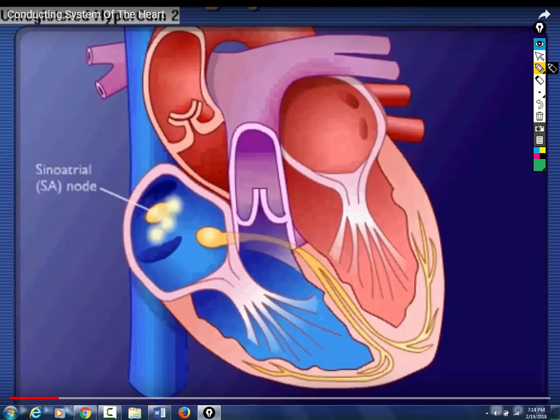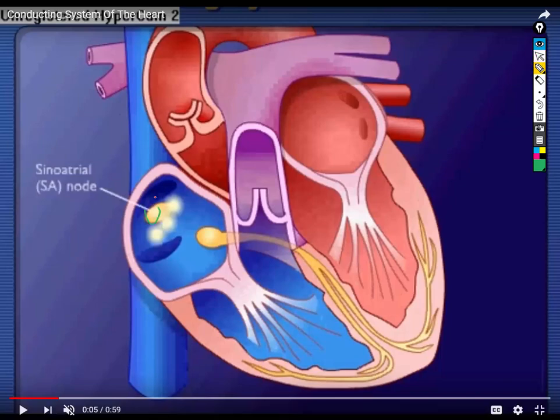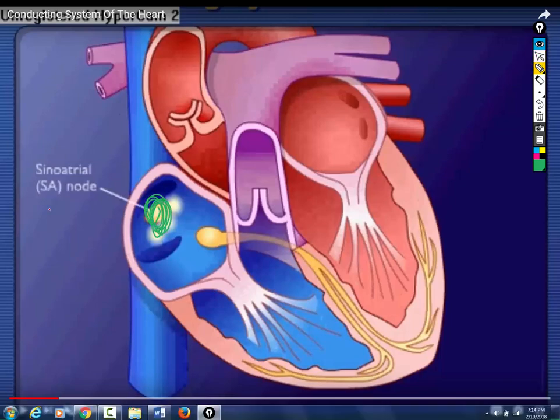Now, in the electrical conduction system, there are three potential pacemakers of the heart. The primary pacemaker is the sinoatrial node, or SA node, and its natural intrinsic rate is 60 to 80 beats per minute. So that's why the normal heart rate at rest, with no other influence, is between 60 and 80 beats per minute.